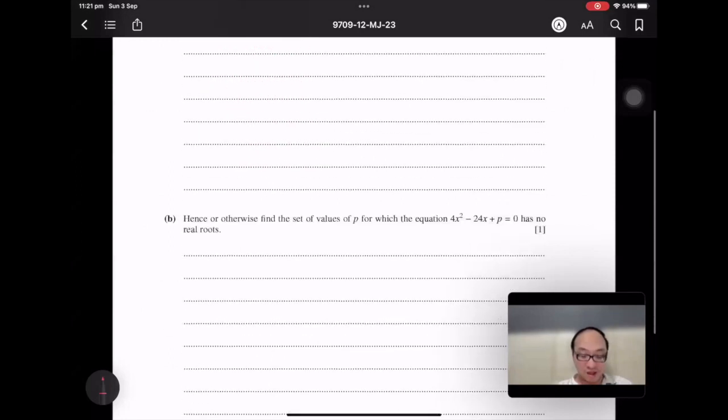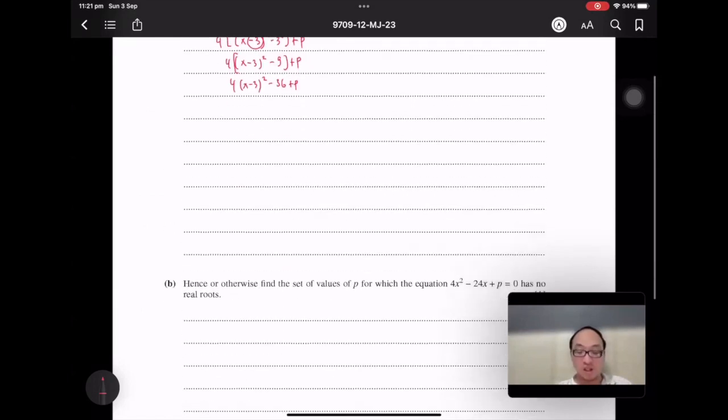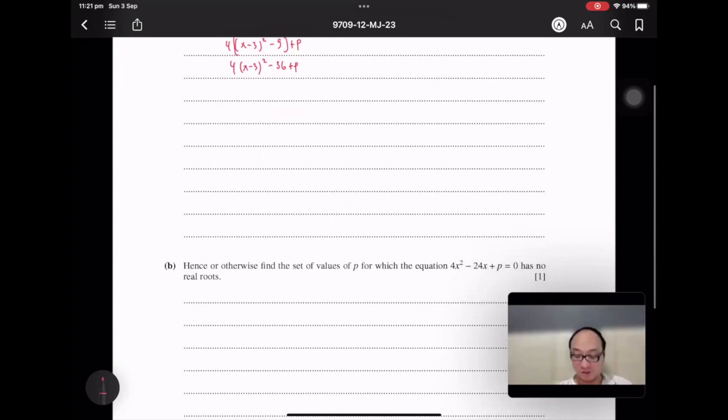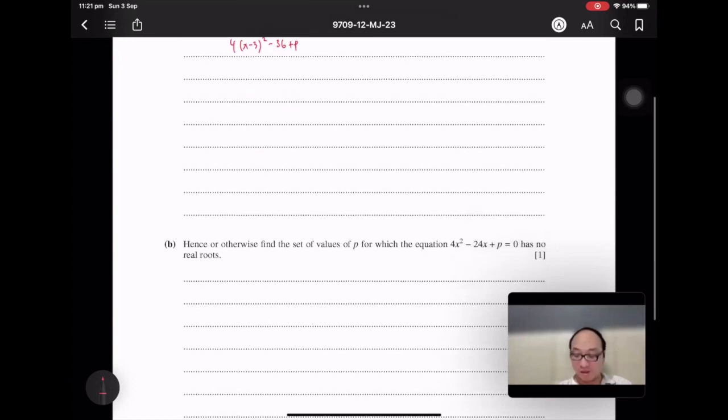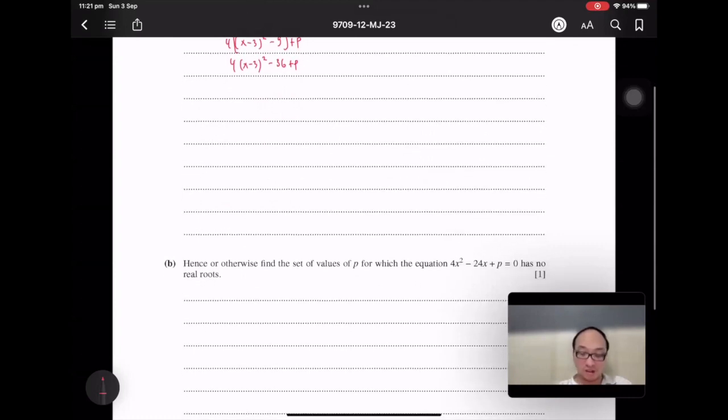And then next, part b: find the set of values of p for which the equation has no real root. So from here, we can see that 4(x minus 3) squared minus 36 plus p equals 0.